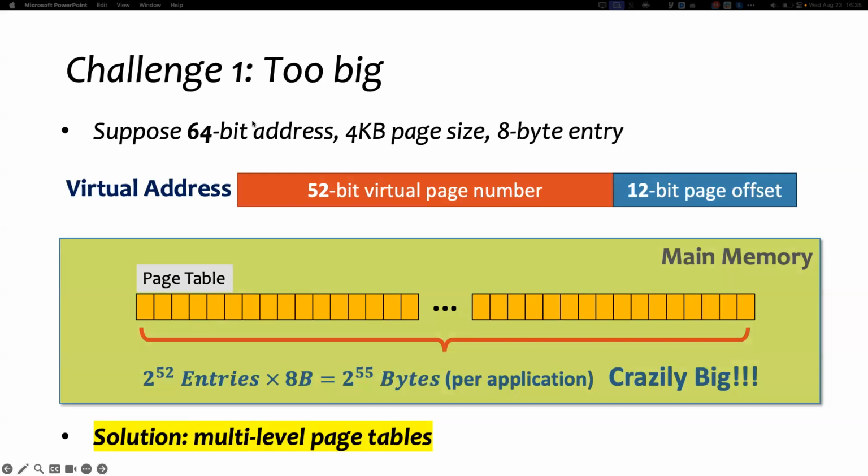We're translating a 52-bit number. It's going to index into a cell, and the cell contains the result, the 52-bit physical page number. Even though we can do it in 7 bytes, just for alignment purposes, we keep everything as 8 bytes.